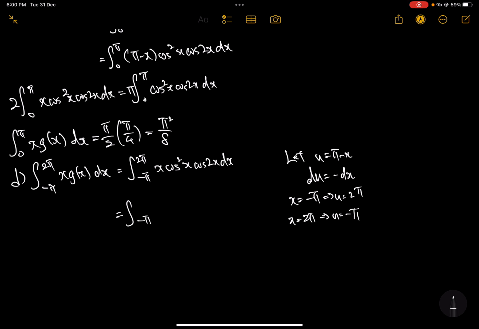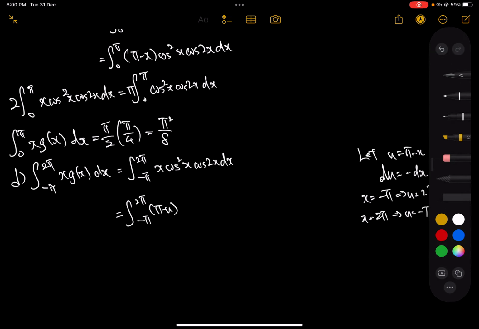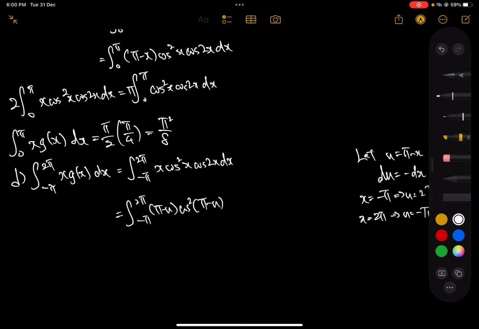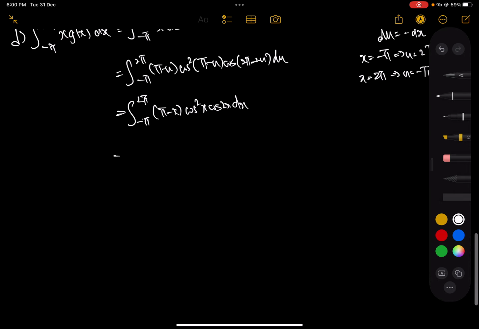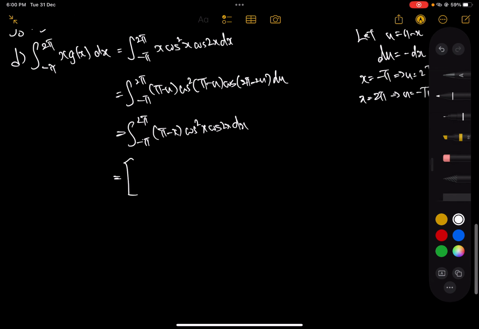So we have negative pi to 2 pi of pi minus u, cosine squared pi minus u and cosine 2 pi minus 2u du, which means we have negative pi to 2 pi of pi minus x cosine squared x cosine 2x dx, which means using part B, we know this.